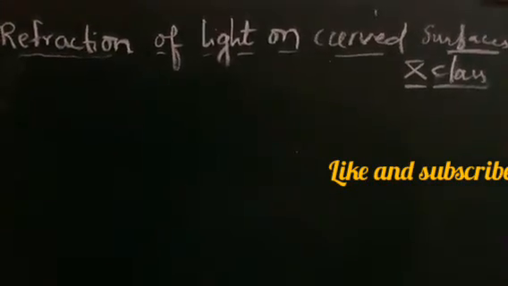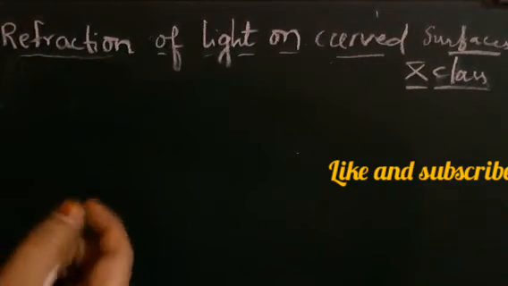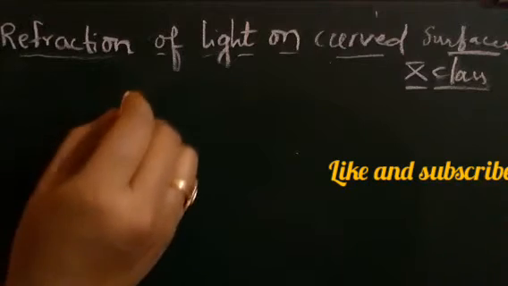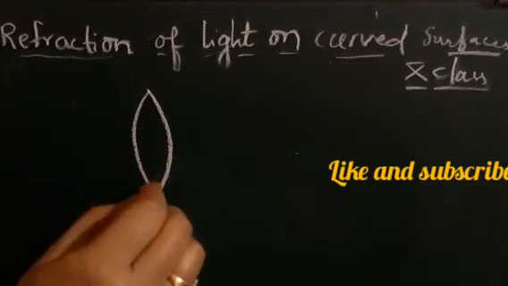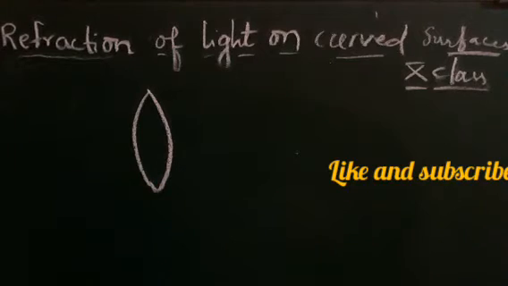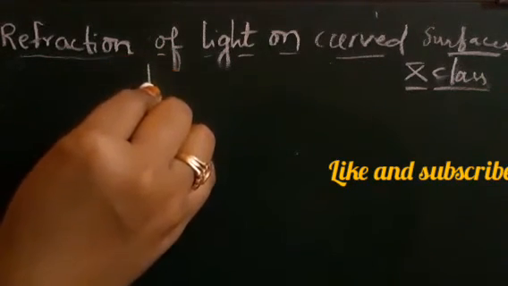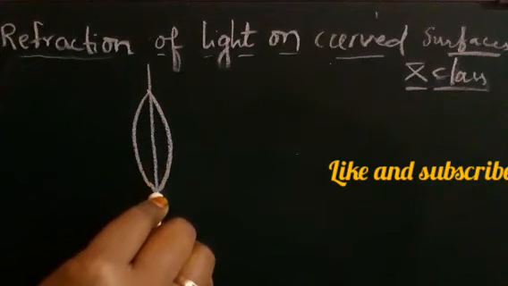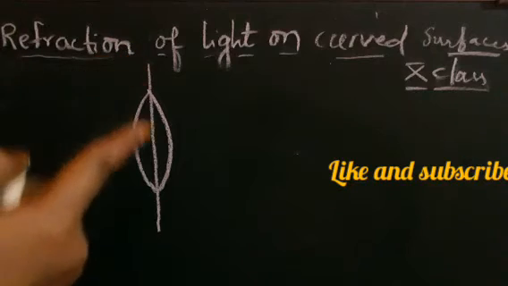Let us learn some of the basic points of the ray diagram. This is your biconvex lens.